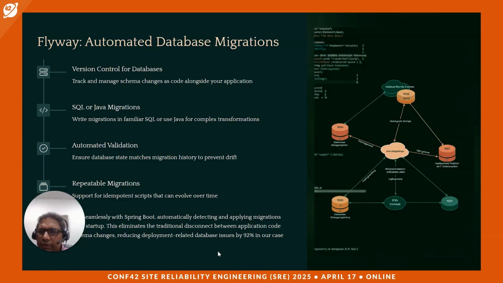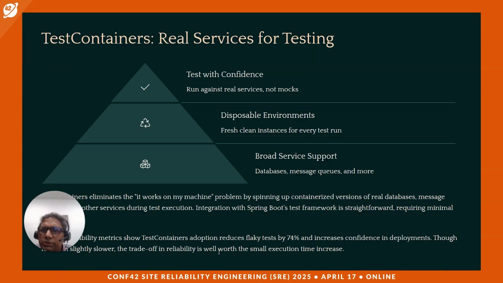Spring Boot mainly automatically detects and applies the migrations while starting the servers, because this eliminates the traditional disconnect between the application code and the schema changes whenever you deploy the service.